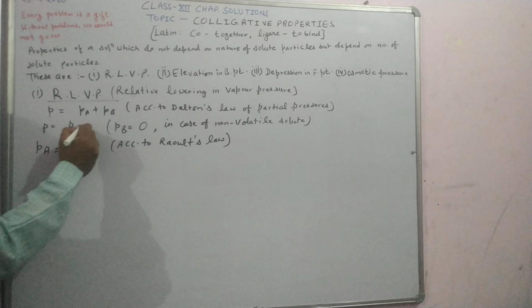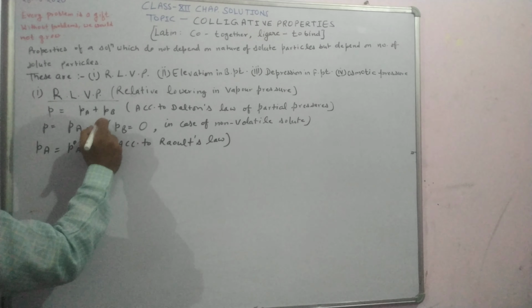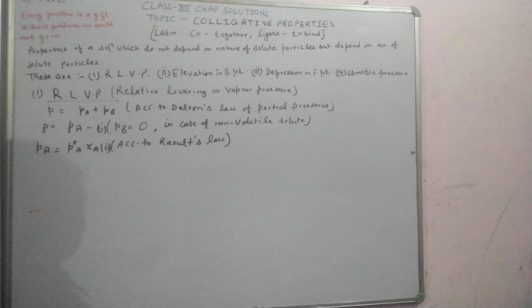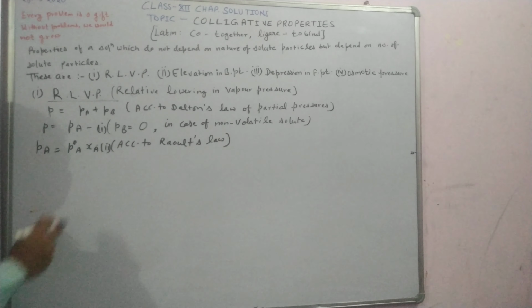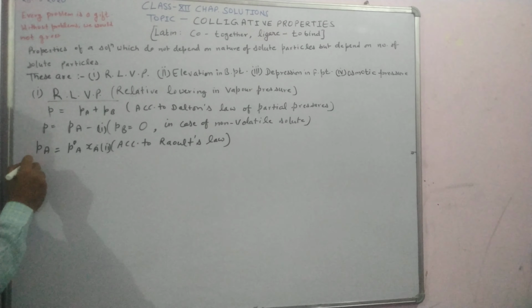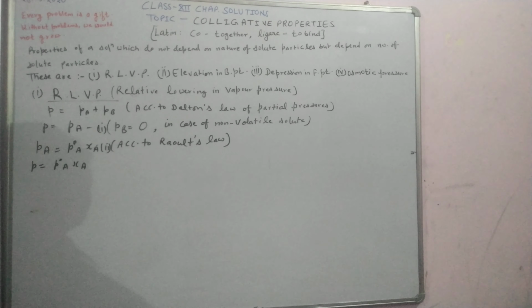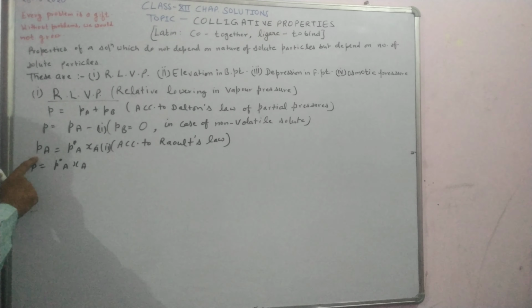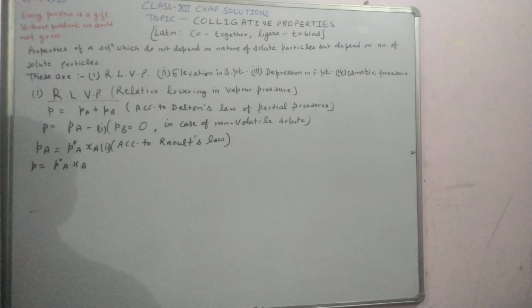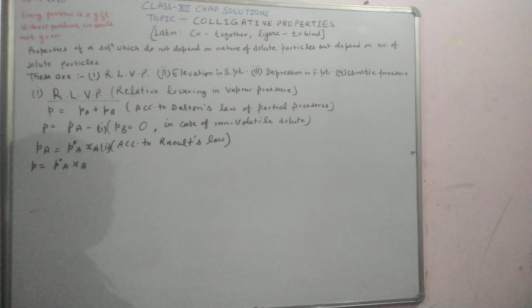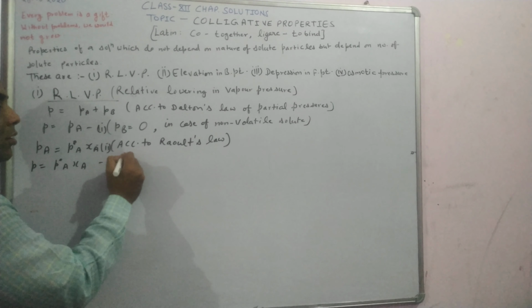So that's our first equation, and that is our second equation. Now comparing both these equations, P is equal to PA, but PA is equal to P naught A XA. That's why P will become equal to P naught A XA, and that's our third equation.